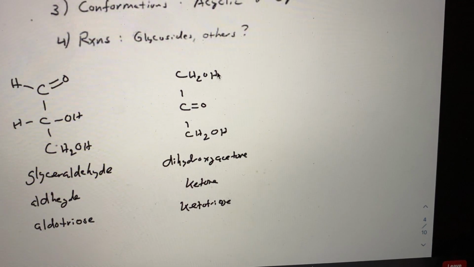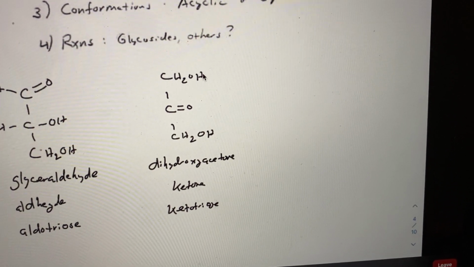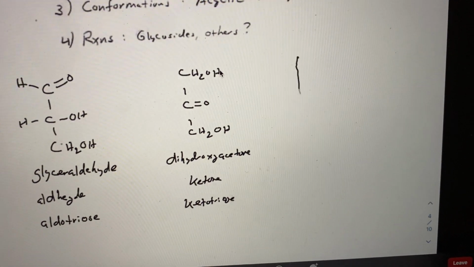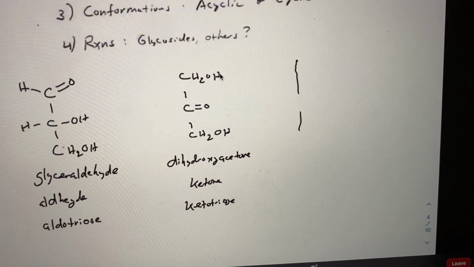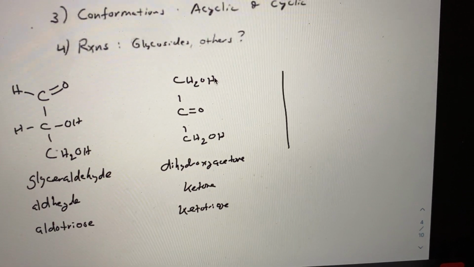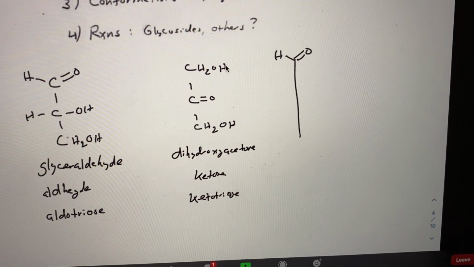Let's do 2 more, and now, because we have more carbons, let's think about this in terms of a Fischer projection. Let's get rid of just drawing all of the C's for carbons, and so we'll put a line here, where we'll show an aldehyde.